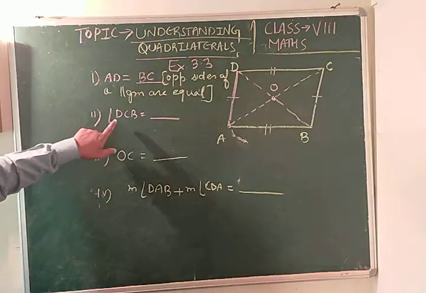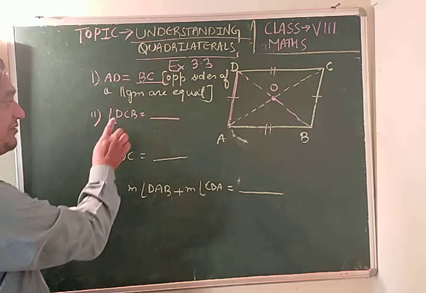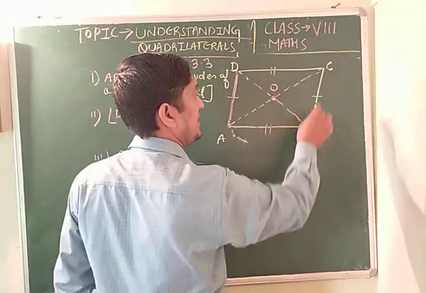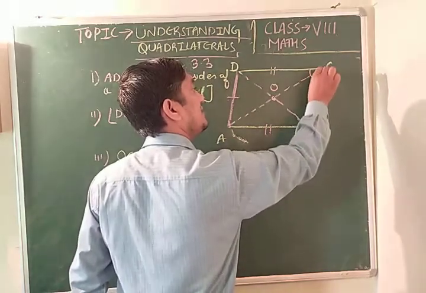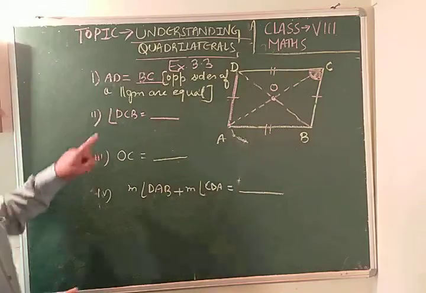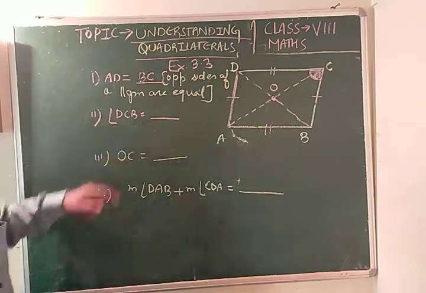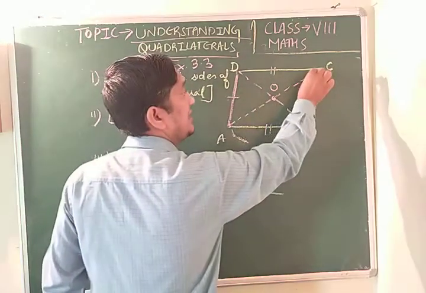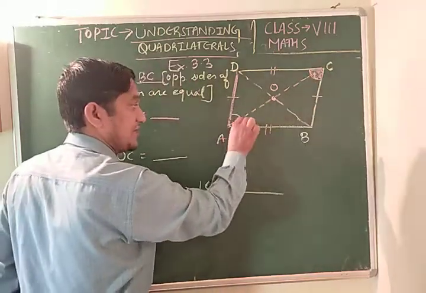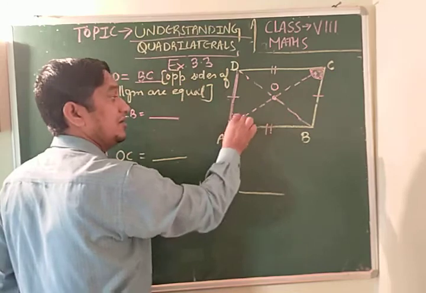Then next is angle DCB. Now find first where is angle DCB. This is angle DCB. Now this is equal to which angle? So children, we know that in a parallelogram opposite angles are also equal.